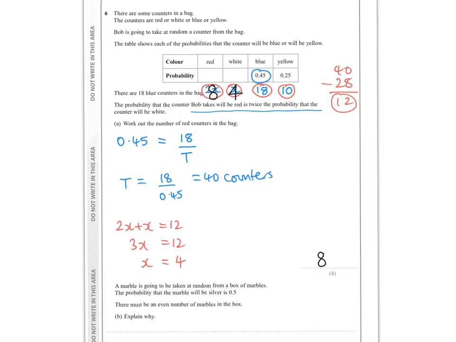And we've now got a situation where a marble is going to be taken at random from a box of marbles. The probability that the marble will be silver is 0.5, and it says there must be an even number of marbles in the box.